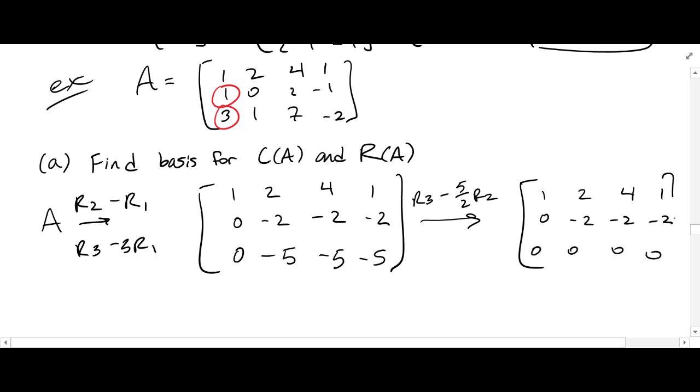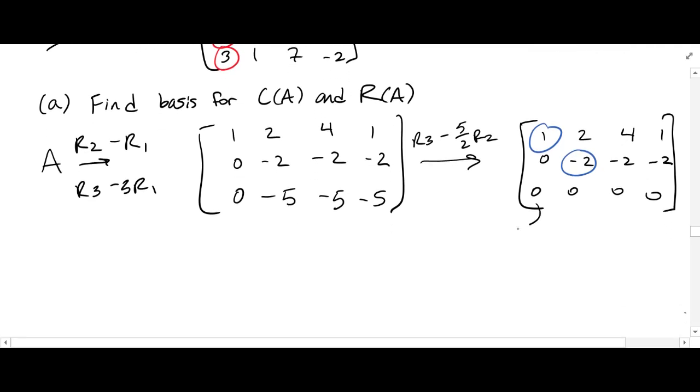So now we know what the pivots are. The pivots are this 1 and this negative 2. So that means that the first two columns are linearly independent. And the second two columns are not independent. They're dependent upon the first two. So these are independent, and these are dependent.